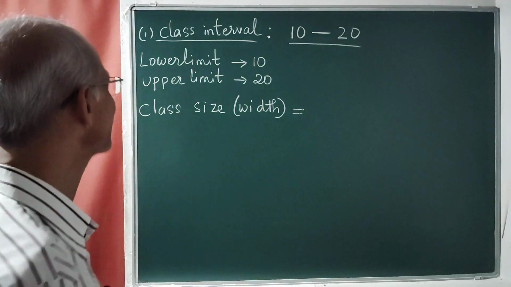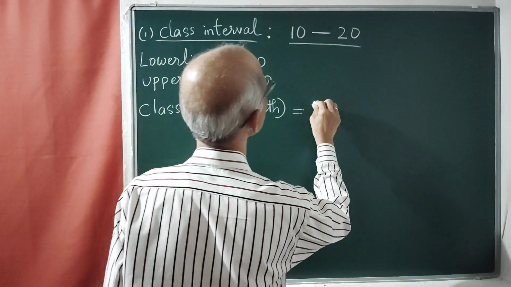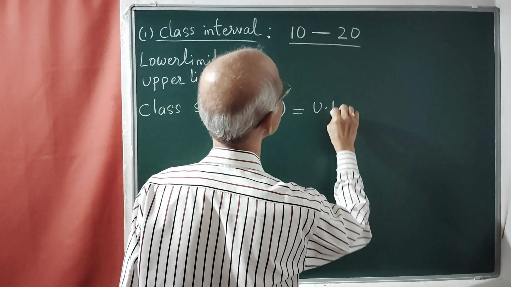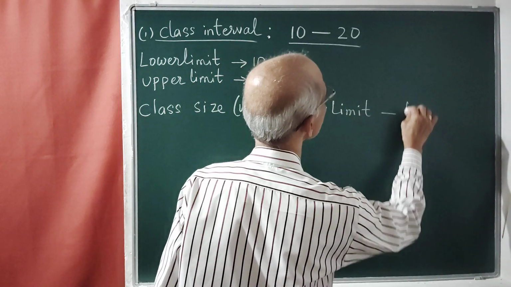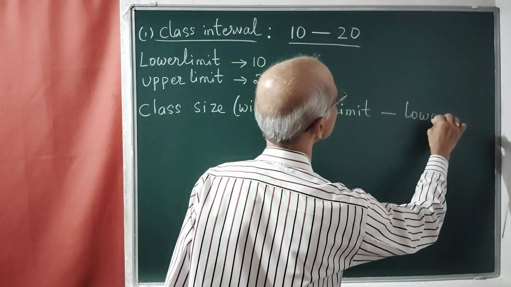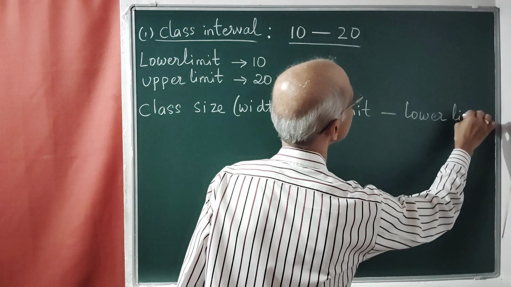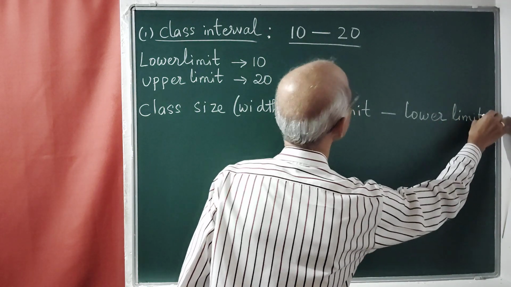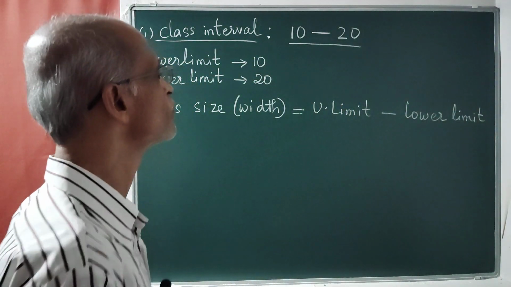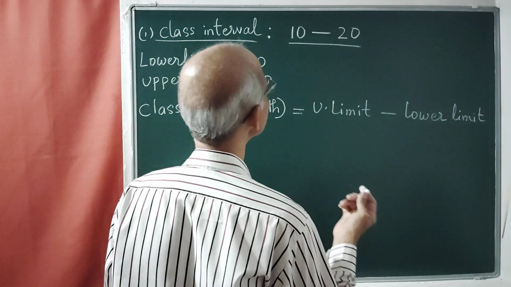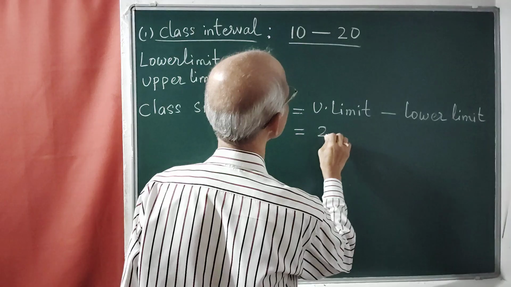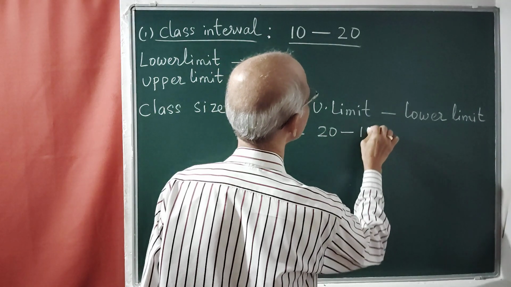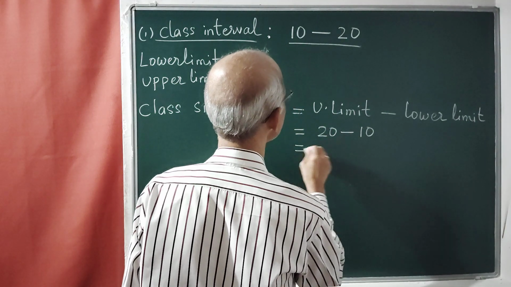So, how to calculate the class size? Upper limit minus lower limit will give us the class size. So, in this case, upper limit is 20, lower limit is 10, the class size is 10.